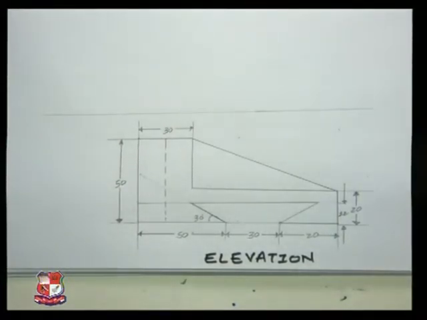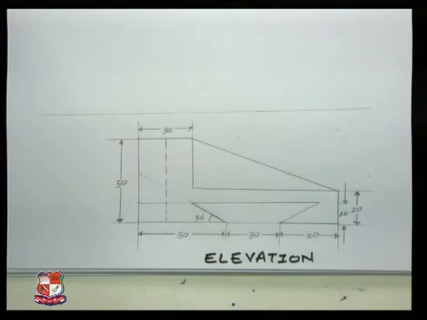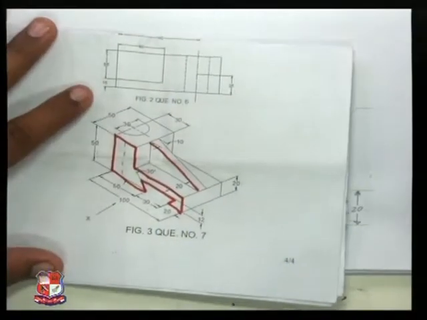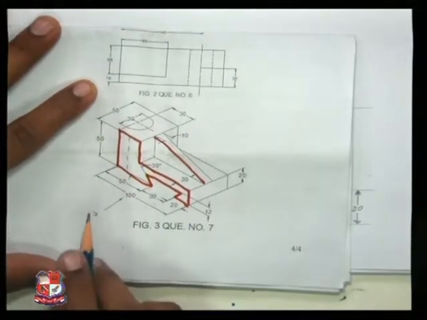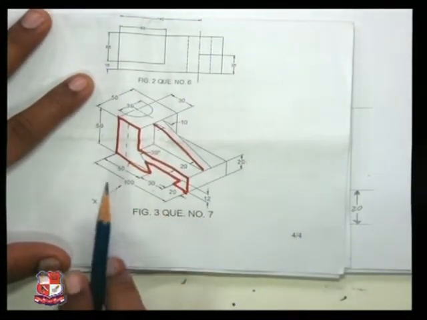Now if you can see, this is our x position. From this x position we need to take the bottom view.